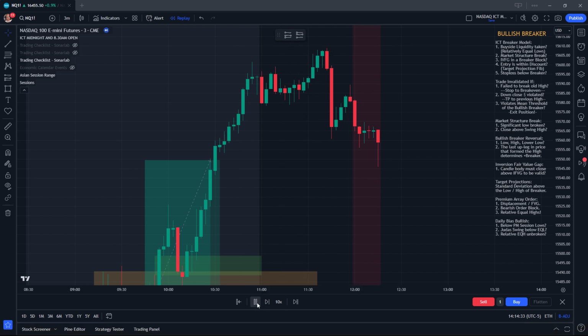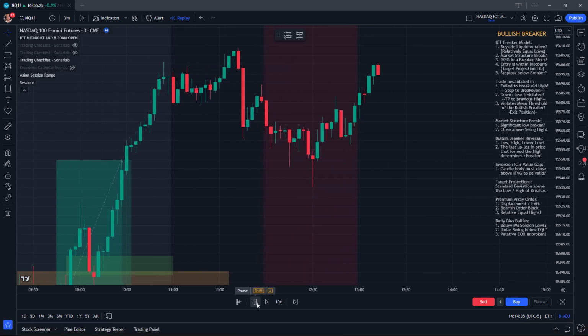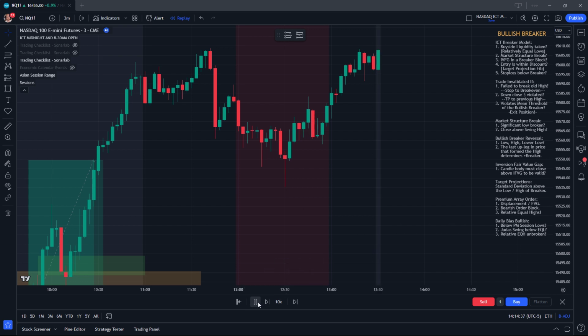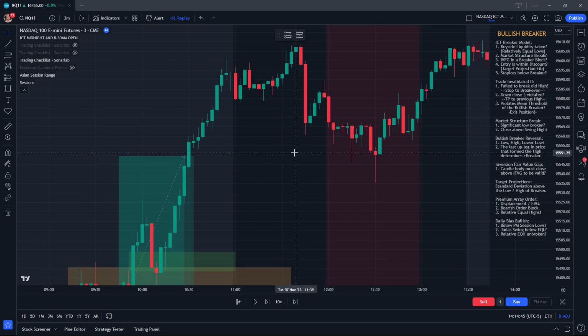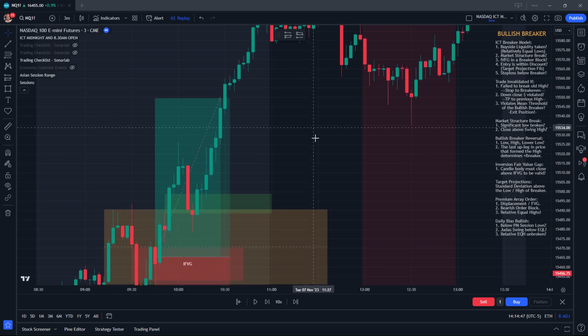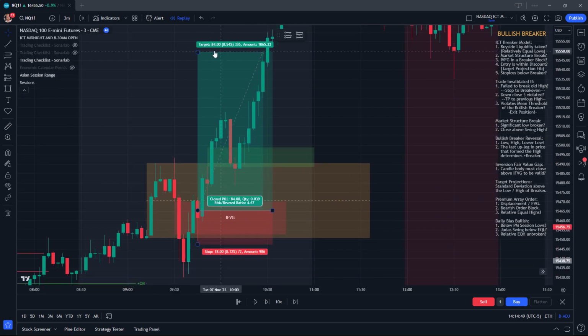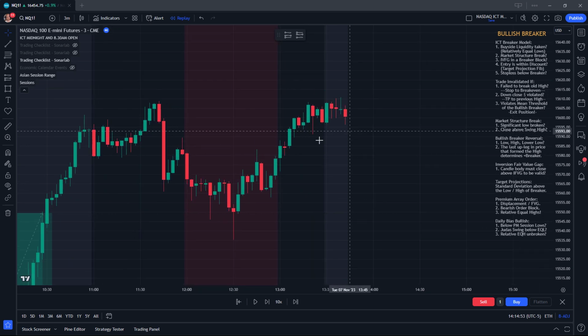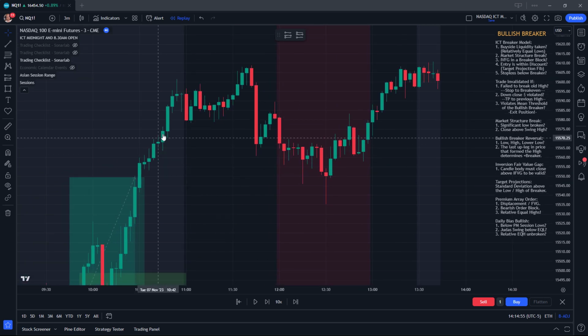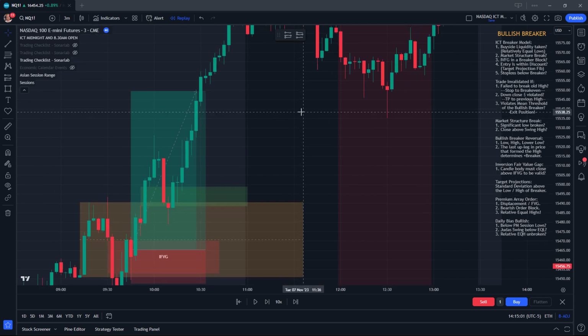I'm sure if we'd stayed in this, price keeps moving sideways through the lunch session here, so it would have been much better just to get this 84 pips within half an hour, walk away, maybe come back for the PM session, as opposed to sitting here glued to the chart for the next 3 hours, which would be exhausting.